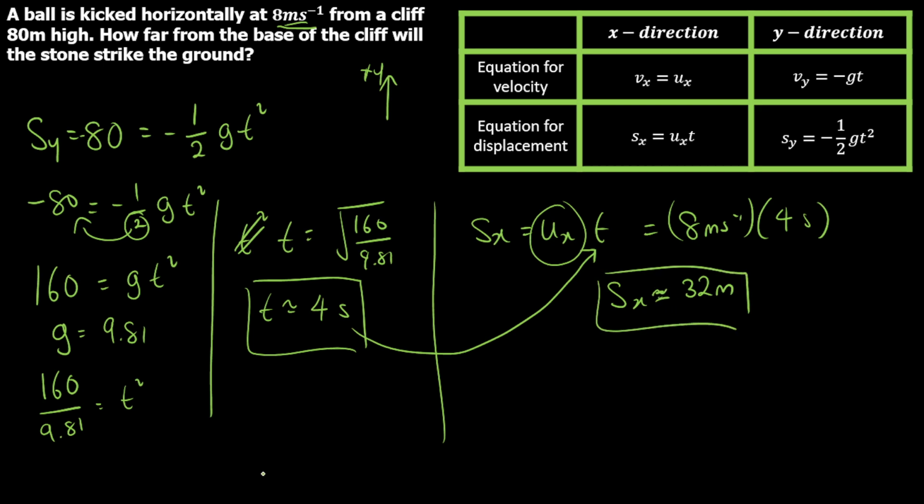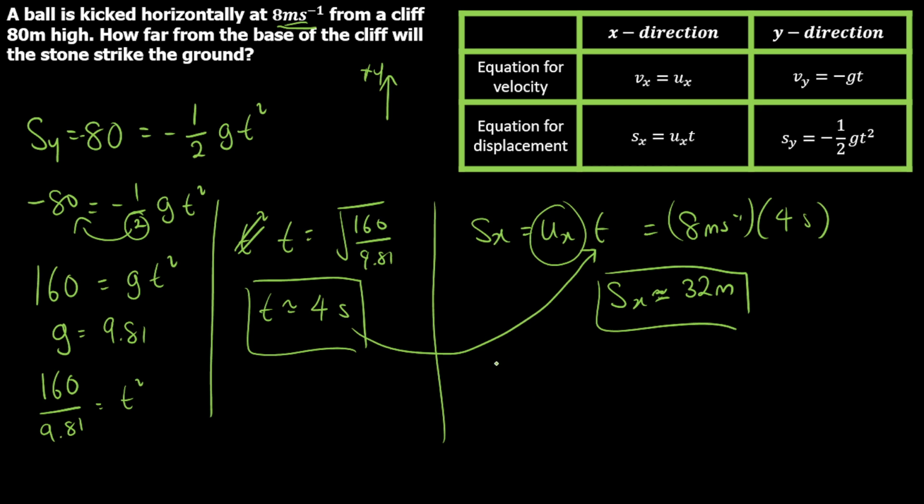Okay, so because it's happening simultaneously, the moment that the ball travels 80 meters down in the y direction and hits the ground, at that moment it also covered a range of 32 meters.